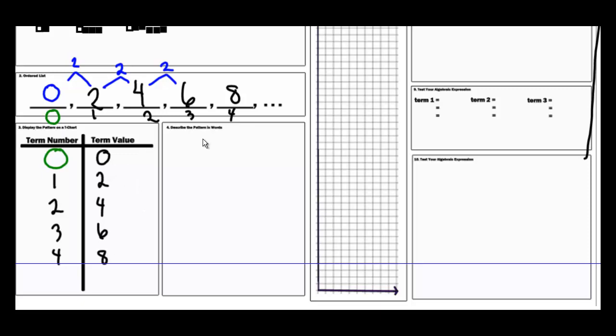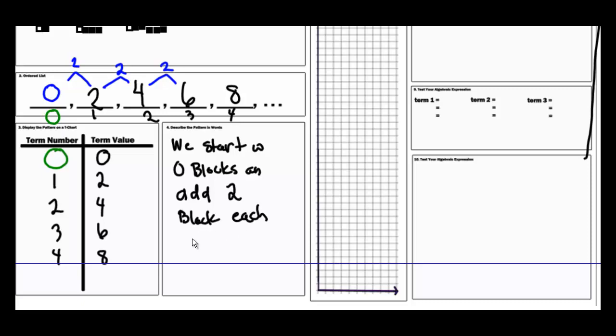Okay, so we can then describe our pattern. We start with 0 blocks and add 2 blocks each term.